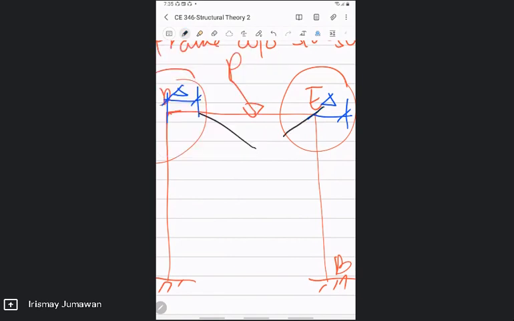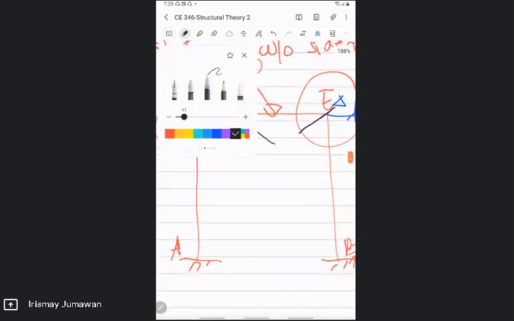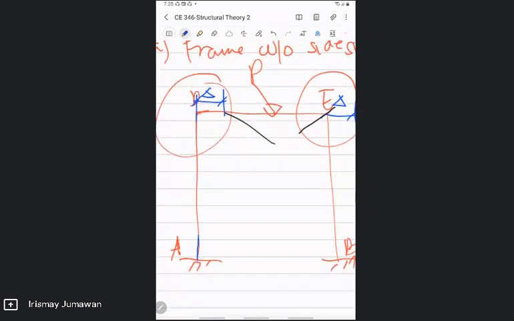Okay. So here, there is also the rotation.